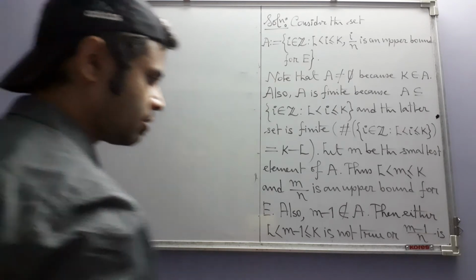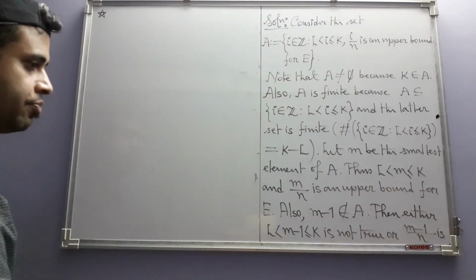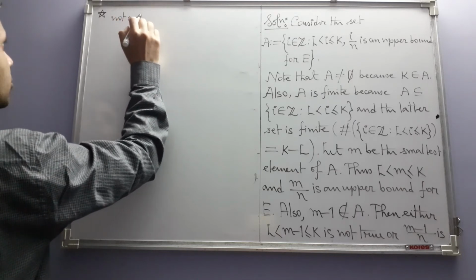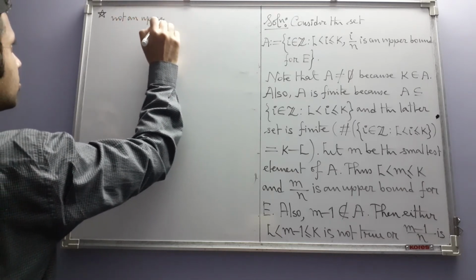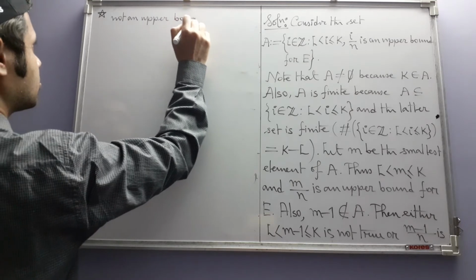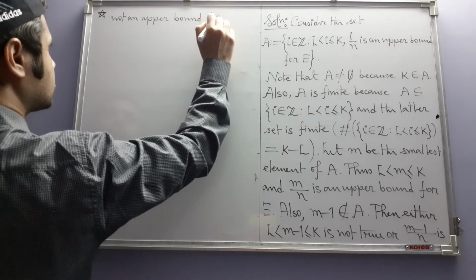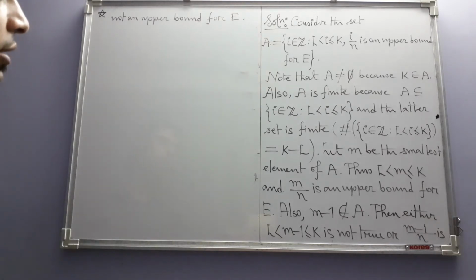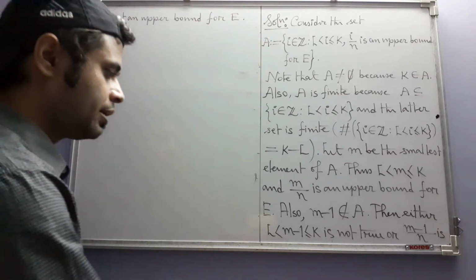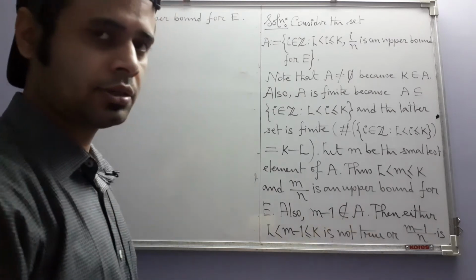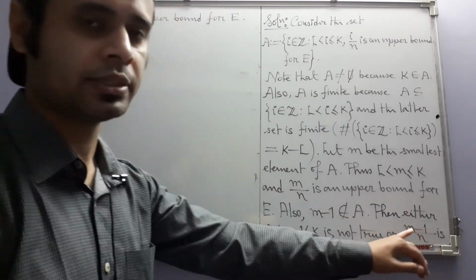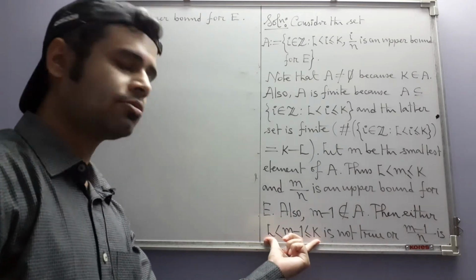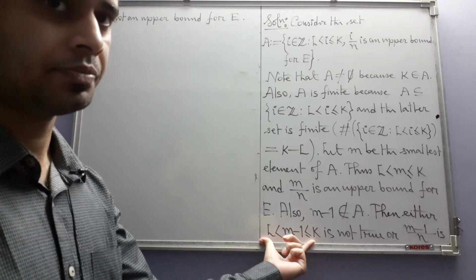Now, to complete the solution, we need this part, that this is not an upper bound for E. But what happens if, say, we don't really know whether this is an upper bound for E or not, but these inequalities are not satisfied?